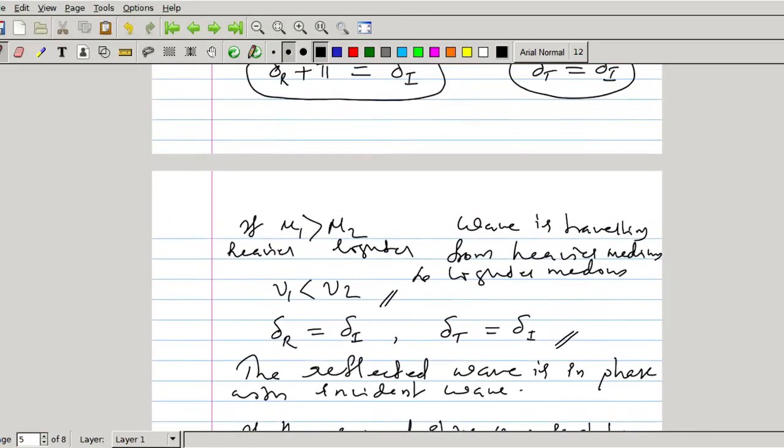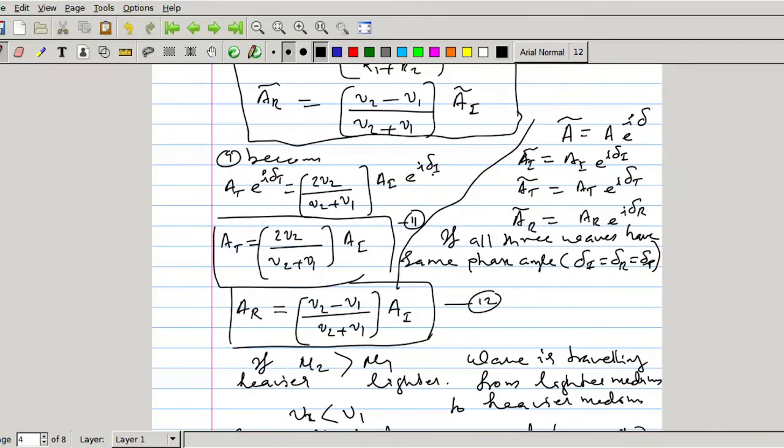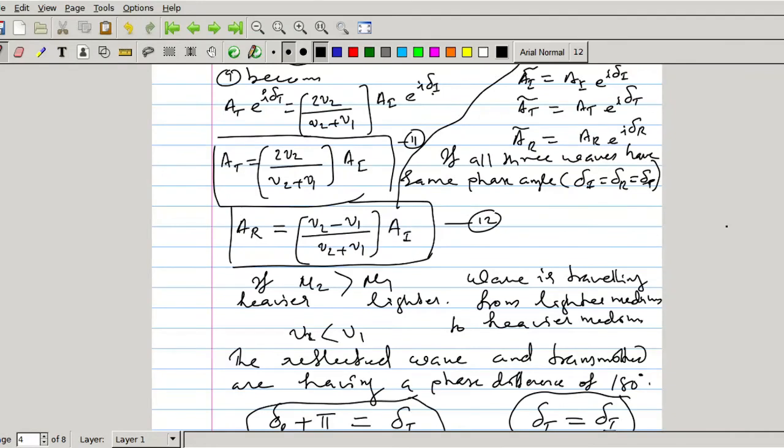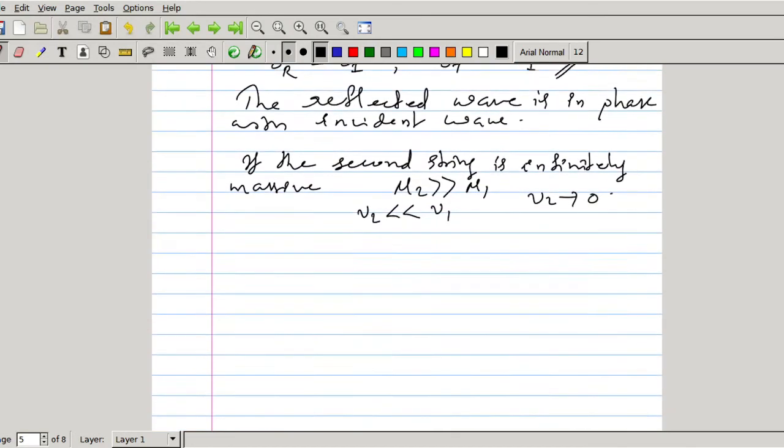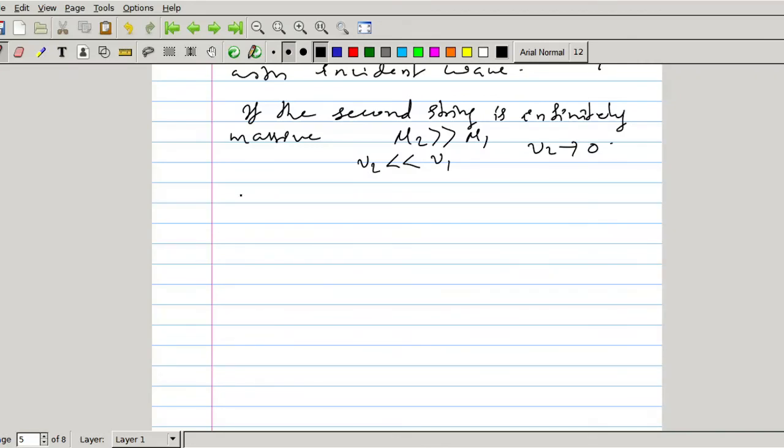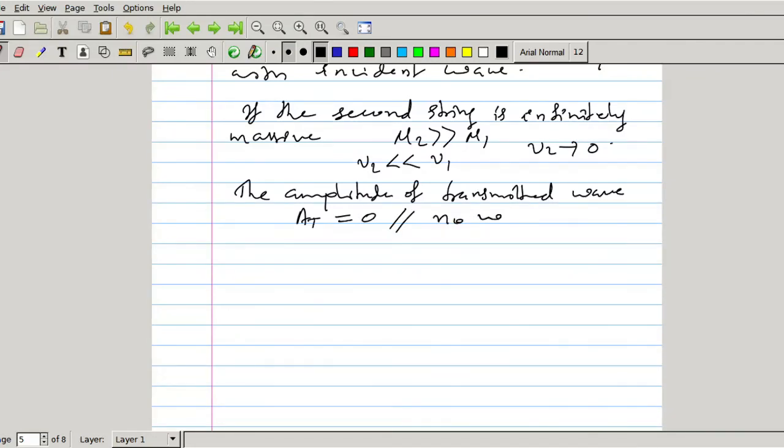The transmitted wave amplitude AT is equal to 2 V2 by (V2 plus V1), so if V2 is 0, the amplitude of the transmitted wave AT equals 0. So no wave will be transmitted.